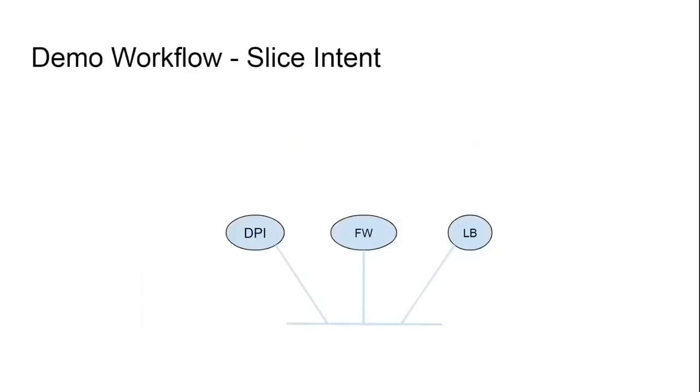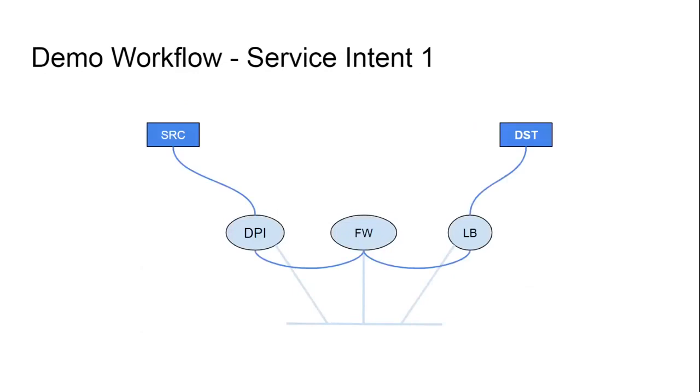Okay. So this will be the demo workflow. What are we going to show? First, using a slice intent, we are going to deploy a slice composed of mainly 3 applicative VNFs, for example, a DPI, a firewall, and a load balancer. Then, on top of that slice, we are going to launch 2 different chains.